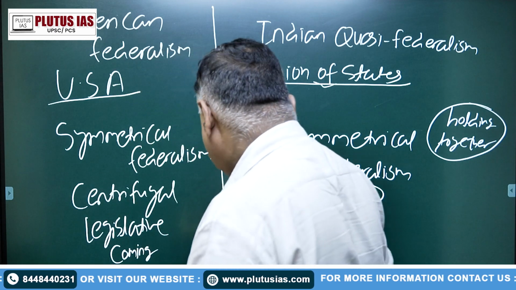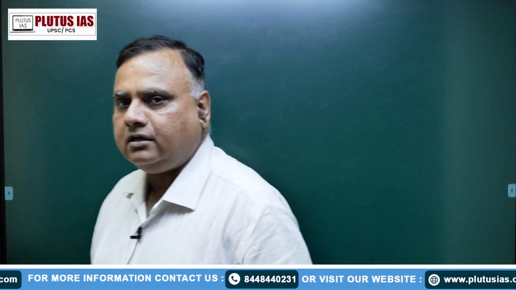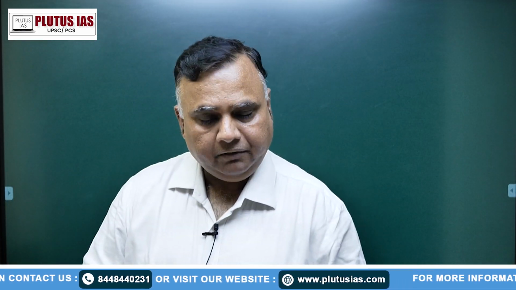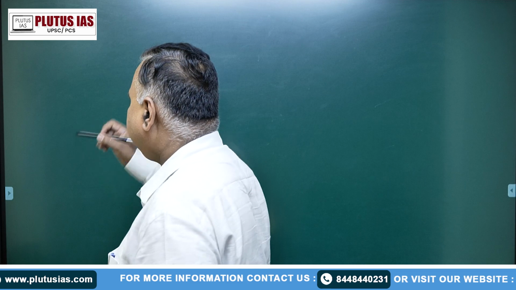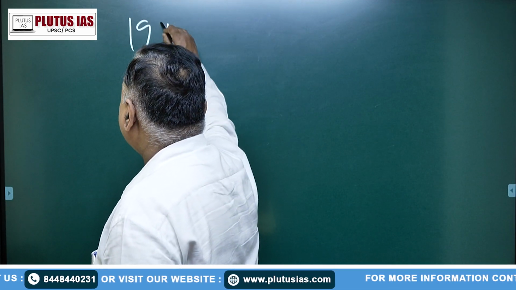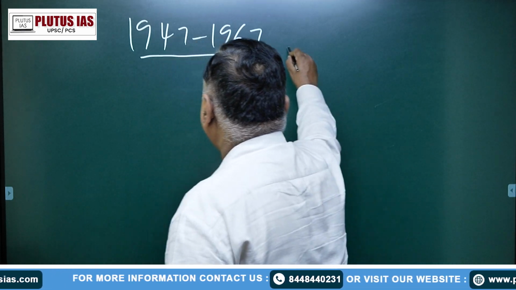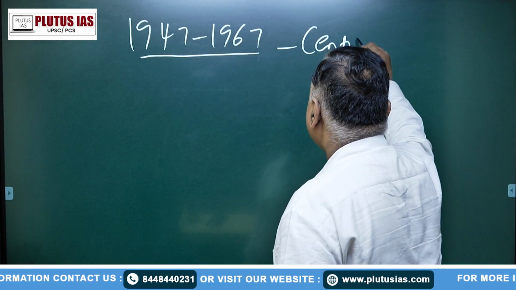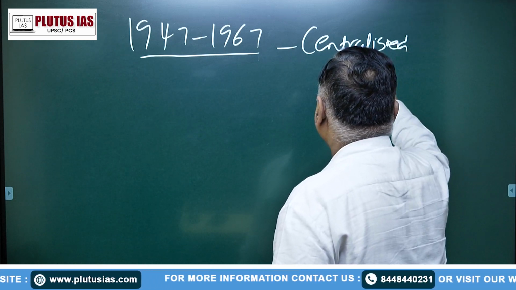Moreover, there are certain variants and phases of federalism that you must know. First of all, in India, 1947 to 1967, there was centralized federalism. These are the phases of India's federalism.